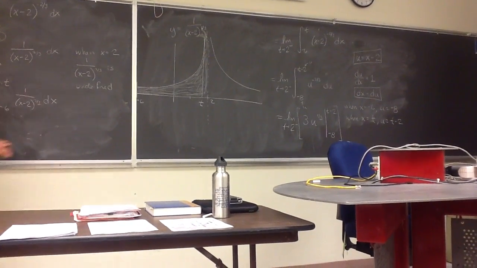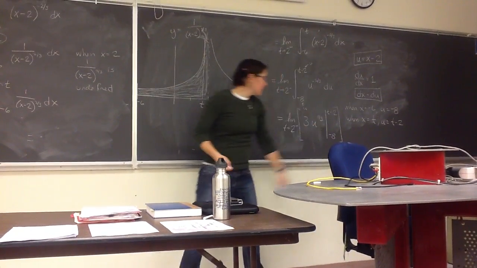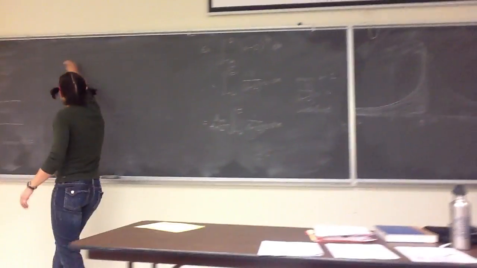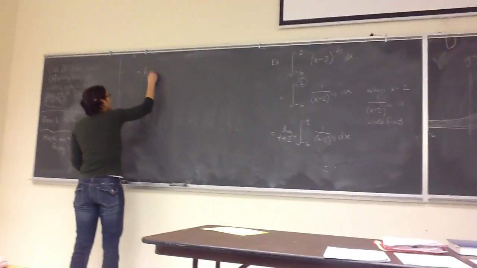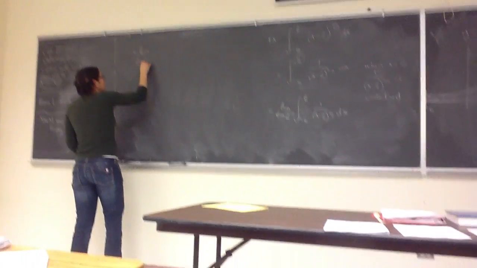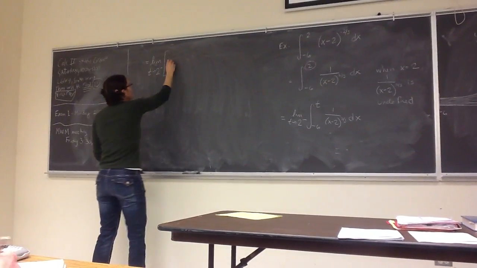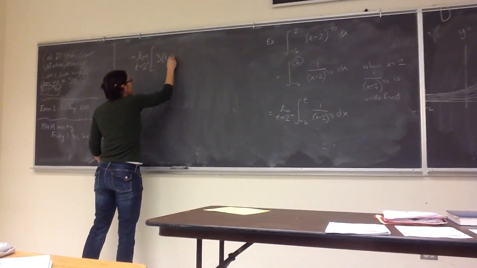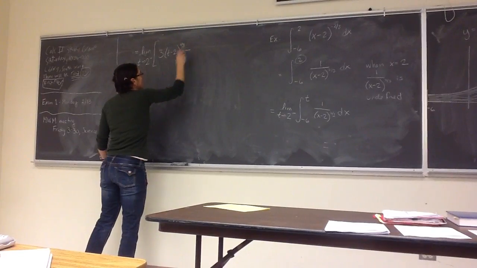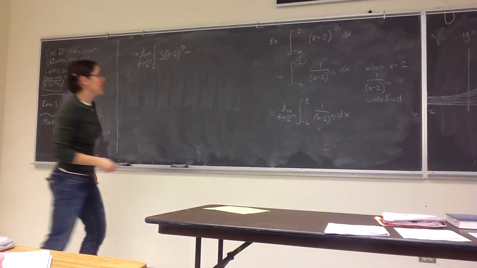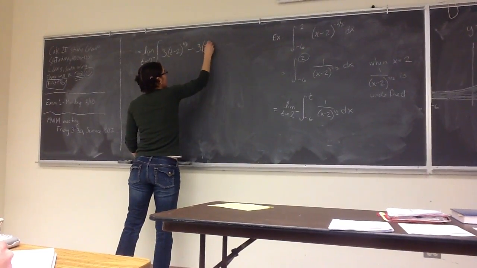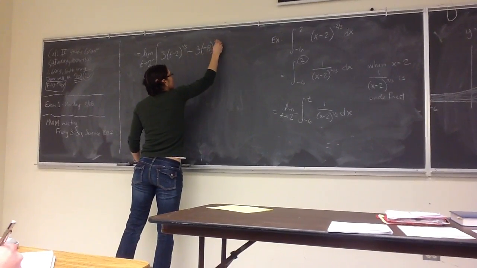Okay, so I'm going to plug in my top boundary here. So I end up with my limit as t approaches 2 from the left of 3 times t minus 2 raised to the 1/3 minus 3 times -8 to the 1/3.